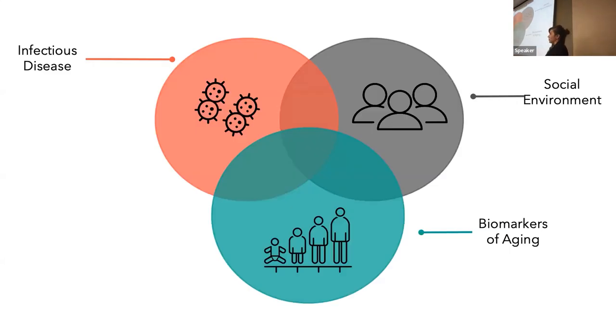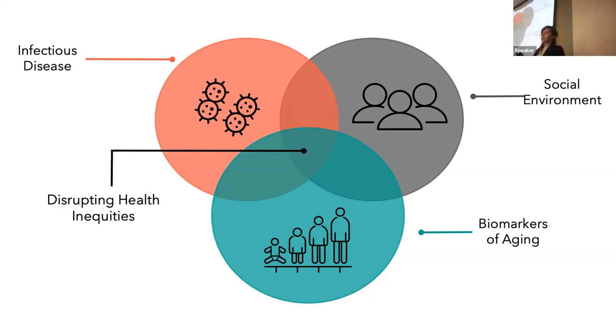So as an introduction about me, I was trained in infectious disease and social epidemiology. In training in infectious disease, it really got me thinking, what do these chronic infections do to our body? And how does having an infection for a long period of time age your body, which got me into biomarkers of aging, and that was what I did my postdoctoral work.